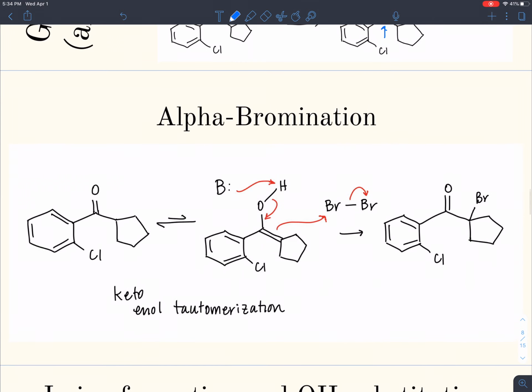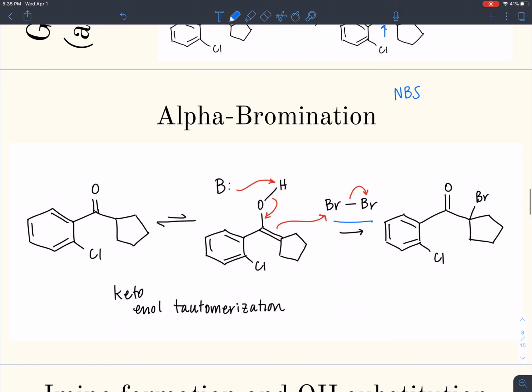This is the alpha bromination step. It can also be done in other reports and other published papers. I saw it done with NBS, which is N-bromosuccinimide, and that's going to proceed via a radical pathway. That radical pathway would be putting a radical first here, which would be stabilized by this ketone right here. But for the sake of sticking to the patented original synthesis that I looked at, I will be just using bromine.